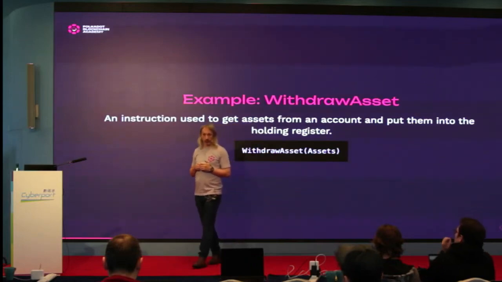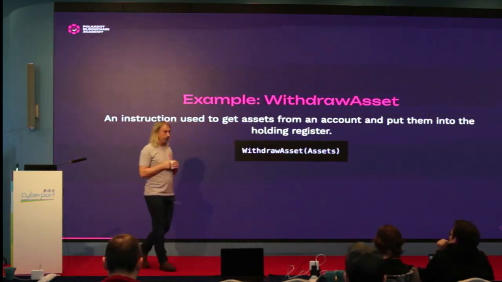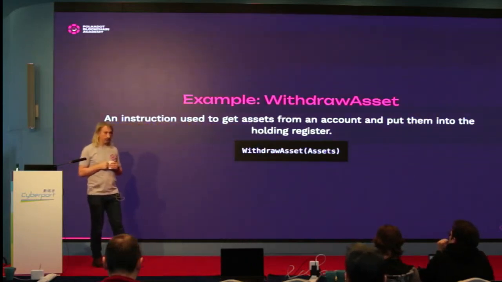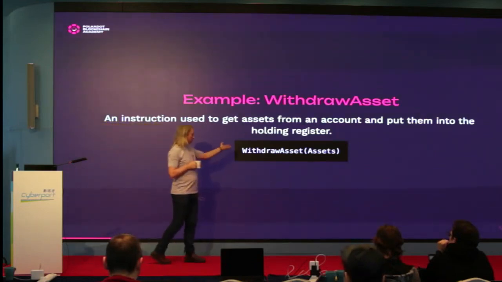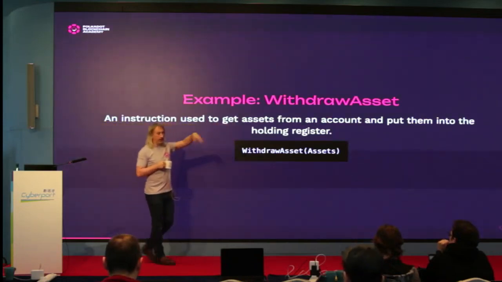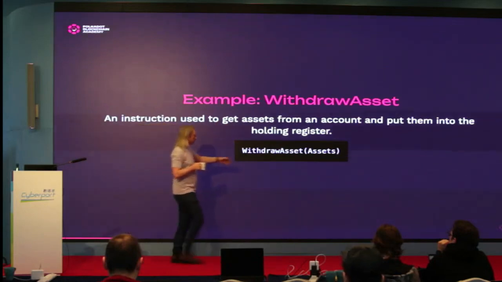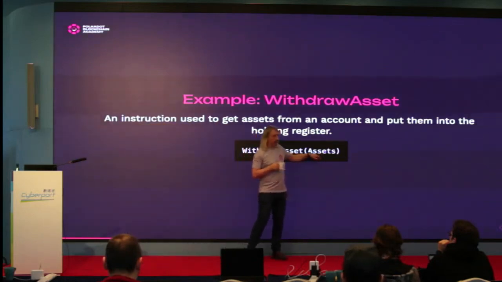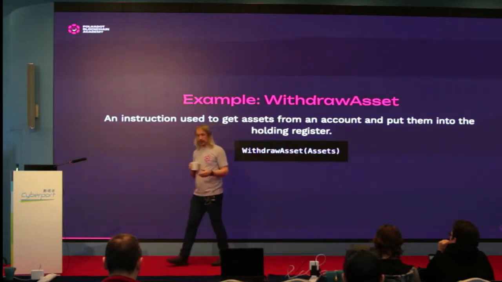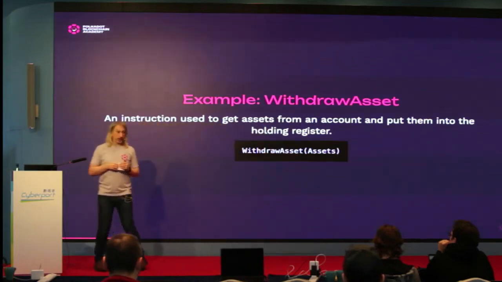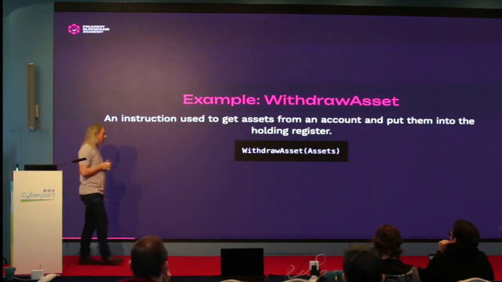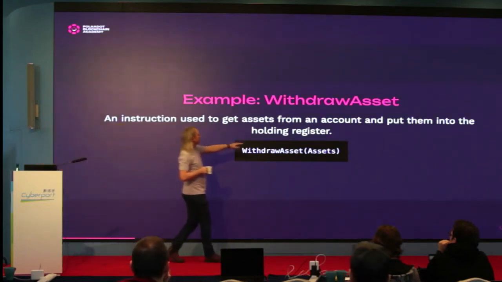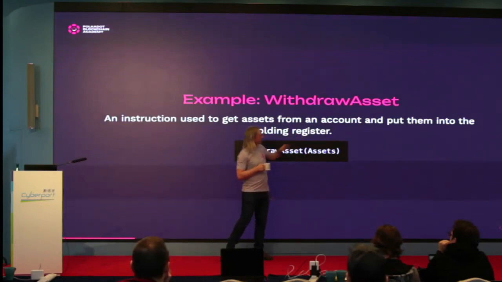So it looks at the current origin, turns it into an account ID, and then it reduces that account ID's asset by this, in whatever way it makes sense for the chain to do. It's up to the chain to work out how it makes sense. And then it introduces these assets into the holding register.